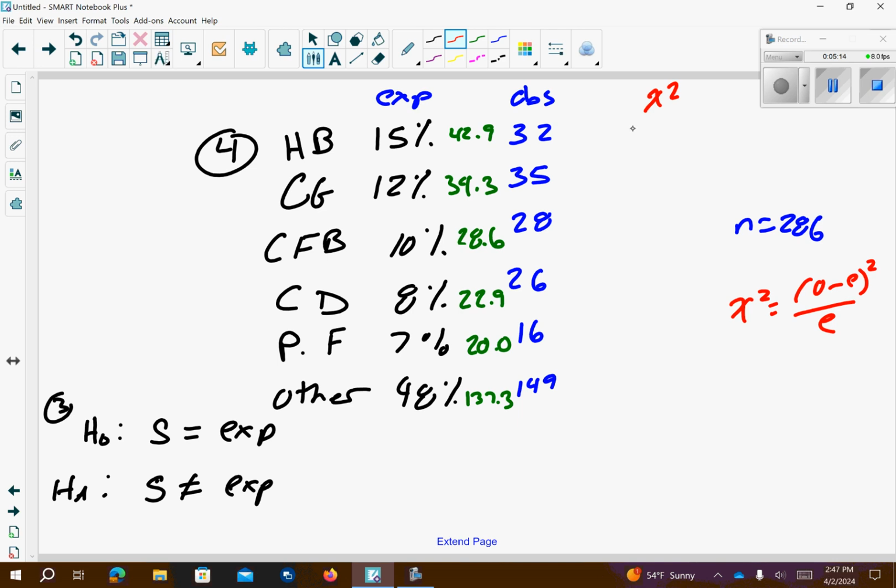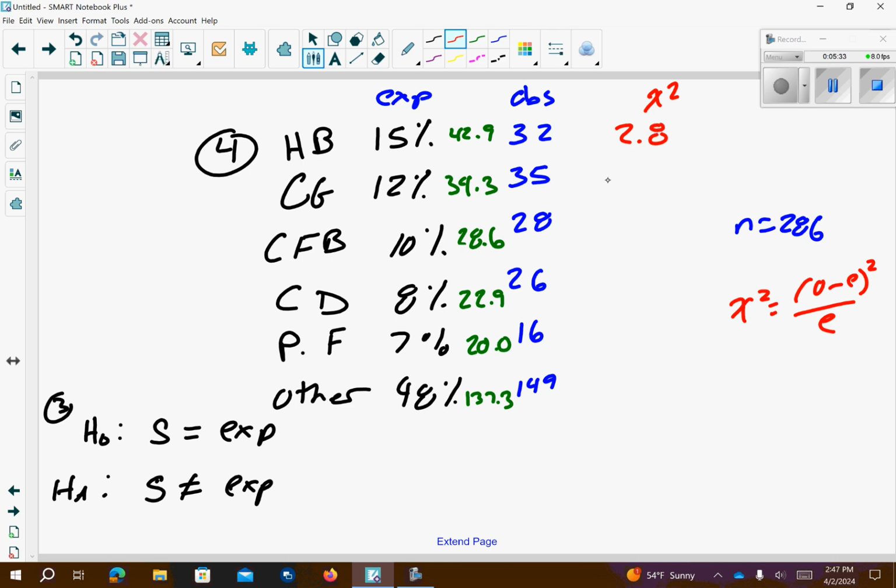This is going to give me 2.8. And then as I go down, my observed is 35 minus 34.3, quantity squared, divided by 34.3.